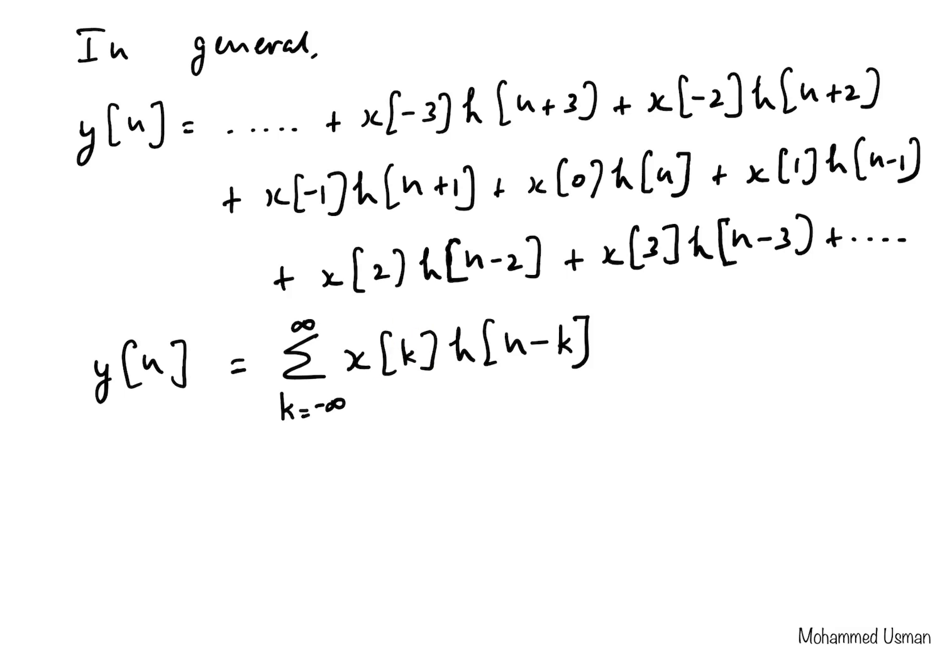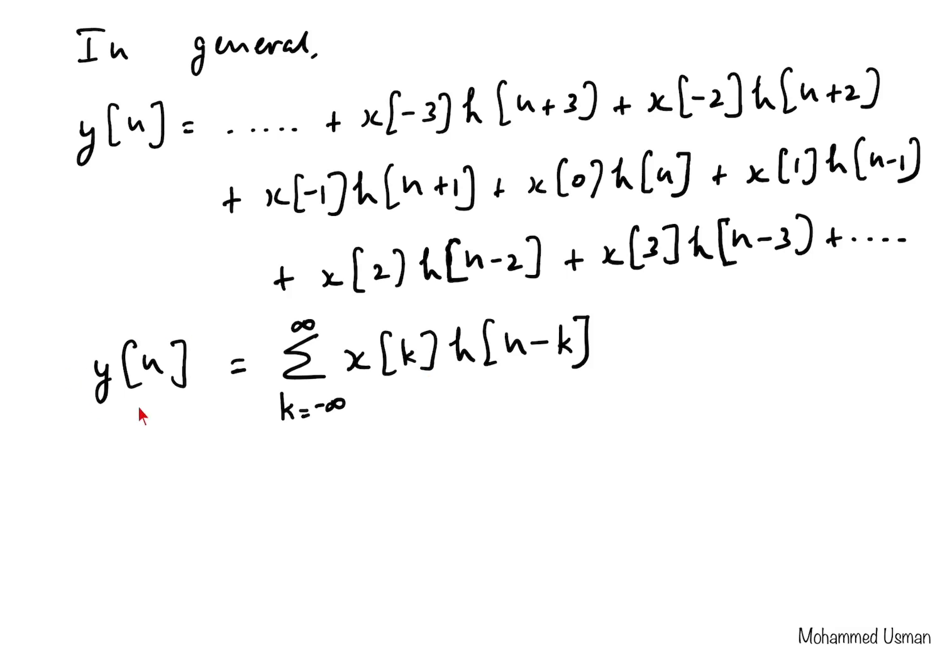Okay, so when k equal to -1, it will be x of -1 into h of n minus -1, which is n plus 1. So x of -1 into h of n plus 1. When k equal to 0, it is x of 0 into h of n, which is this term. When k equal to 1, it is x of 1 into h of n minus 1, which is this term.